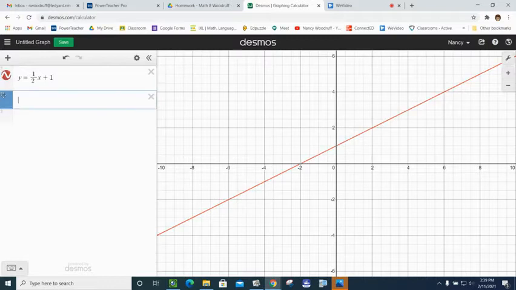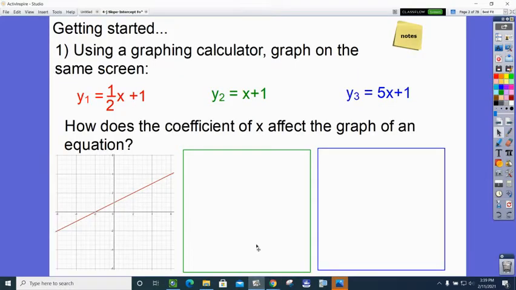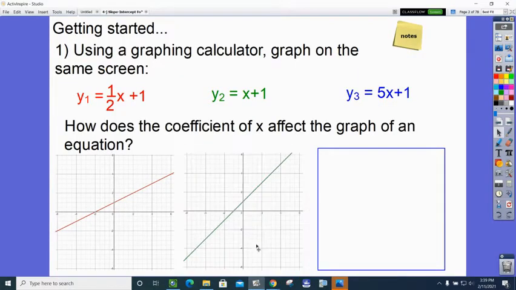And I will put in a new line, and I'm just going to change the color here to green so it matches what we did. So notice I put them on the same coordinate graph, but I'm going to go back and show you that line separately. Again, I hid it behind here, and there's the green one.